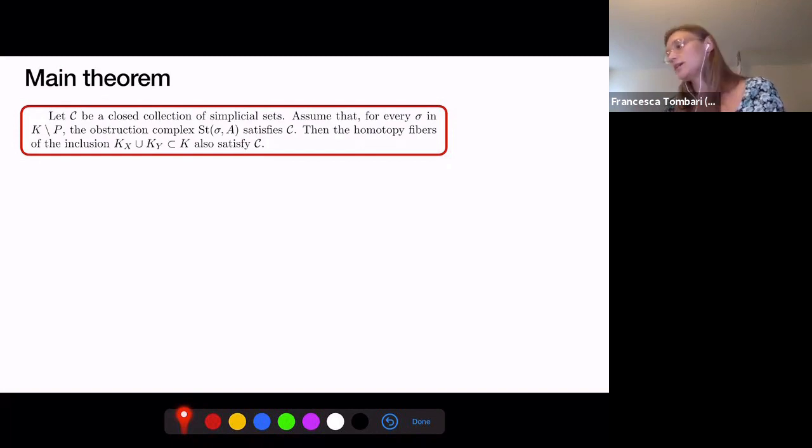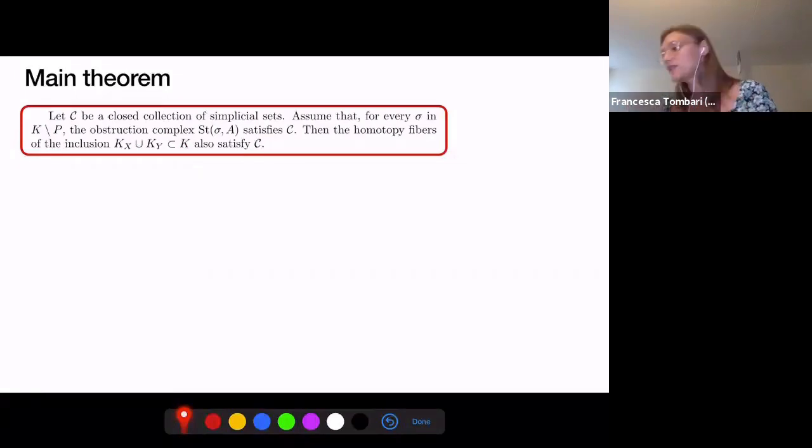Assume that for every sigma in this K minus P that we have just defined, the obstruction complex associated to such a sigma satisfies that property. Then the homotopy fibers of the inclusion map of the data-driven decomposition of K into K also satisfy that property.